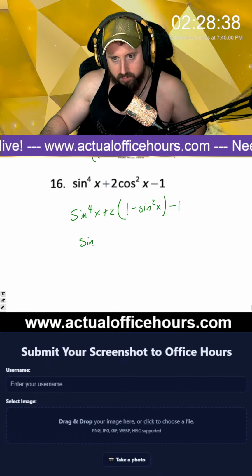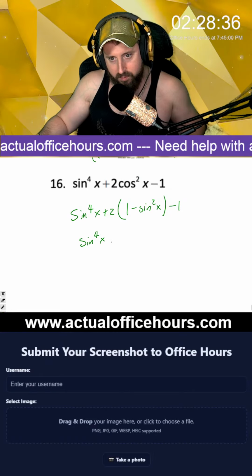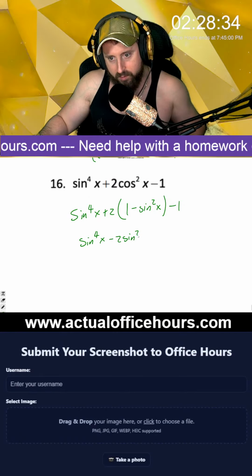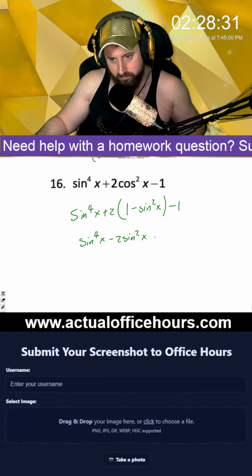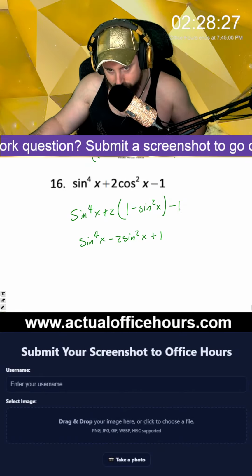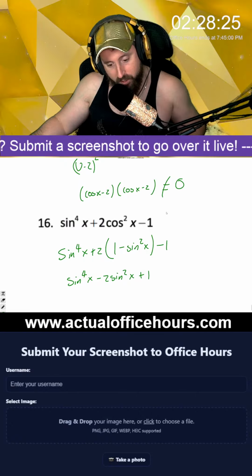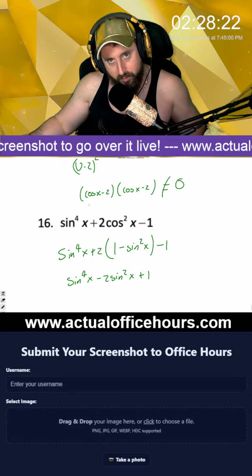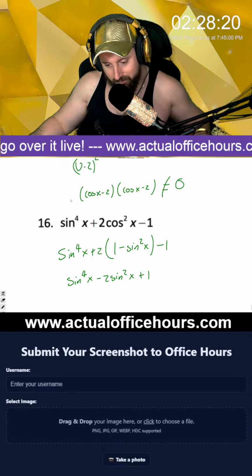So then you get sine to the 4th x minus 2 sine squared x plus 1, right? You could express everything in terms of cosines. Yeah, you could have done that for this as well, but then you'd have to do another sub, which I don't want to do right now.